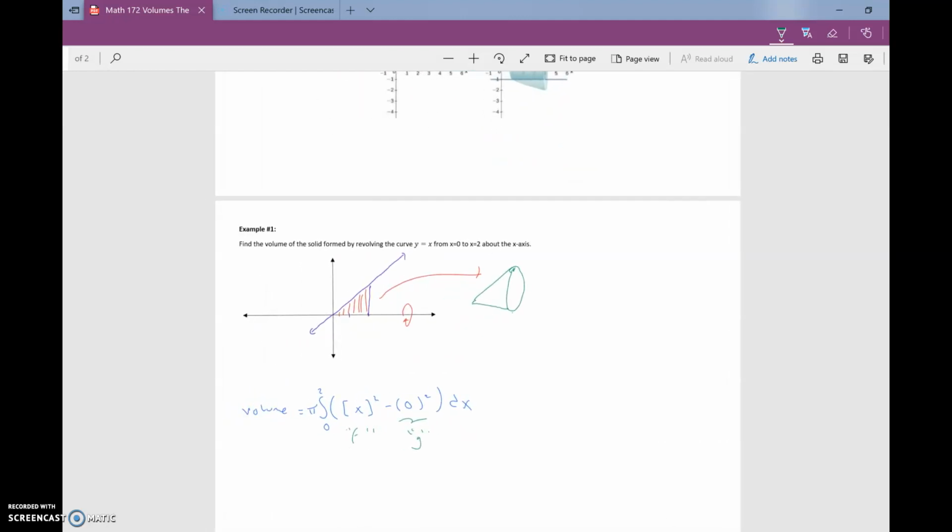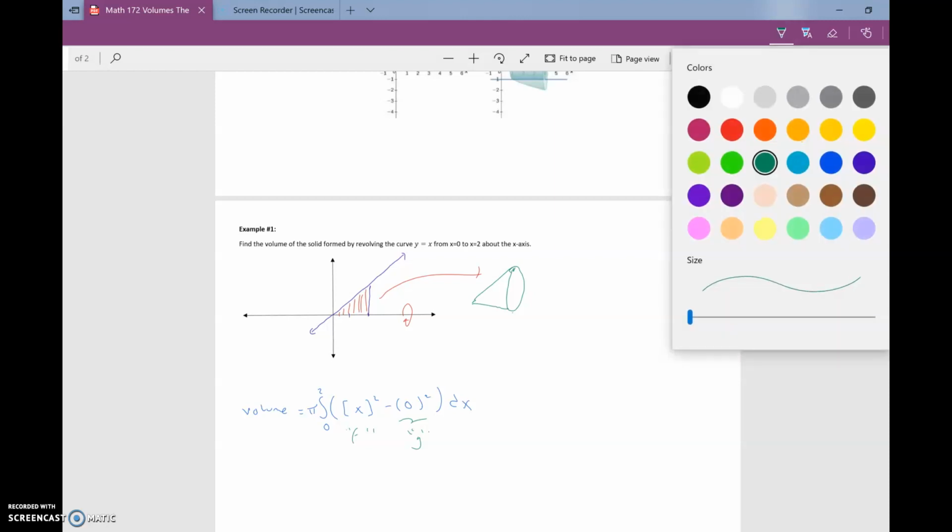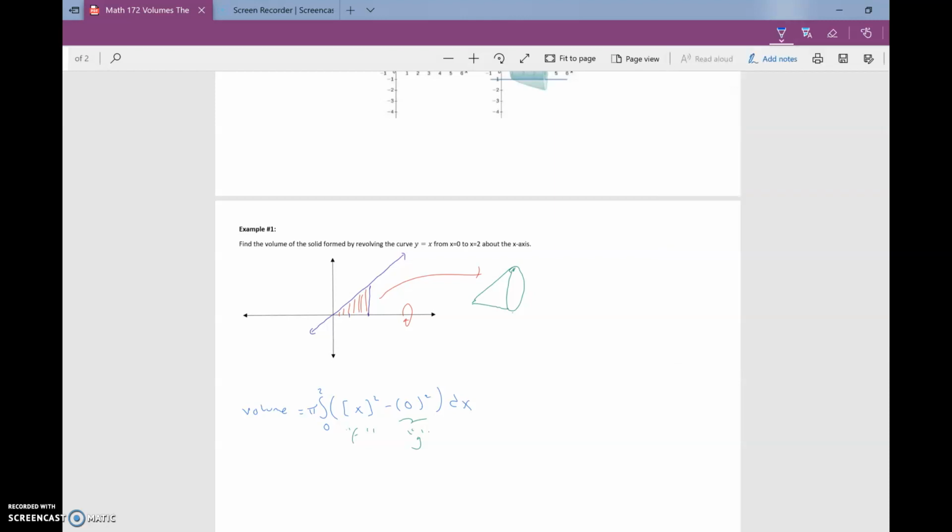So for this particular one, we're just going to have this integral, and this one is a solid, so I'm applying the washer formula, but it's just going to end up being the disk formula. So in this case, this is going to be pi, integral from 0 to 2 of x squared dx, or pi x to the third divided by 3 from 0 to 2.